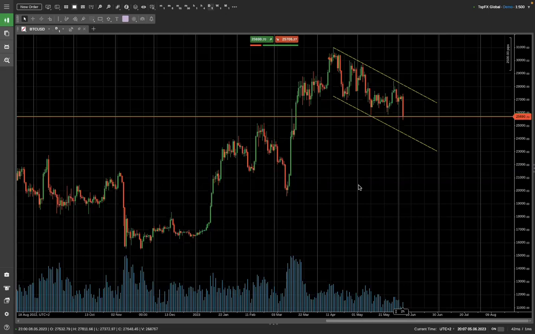However, the use of this tool is not limited to those methods. So the price breaking out of the equidistant channel can be an important sign of a trend reversal. And this is one of the many reasons why traders and analysts use the equidistant channel.